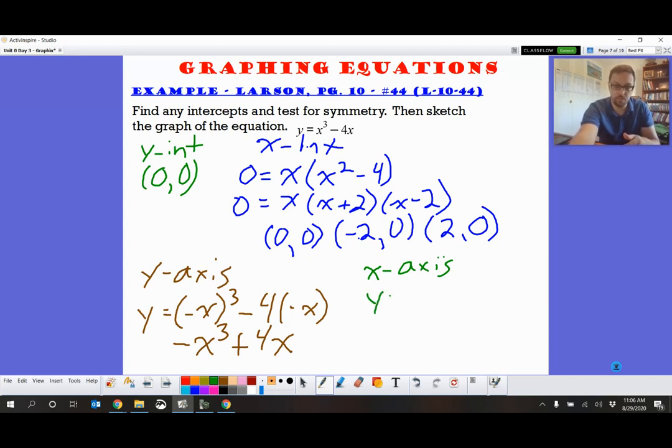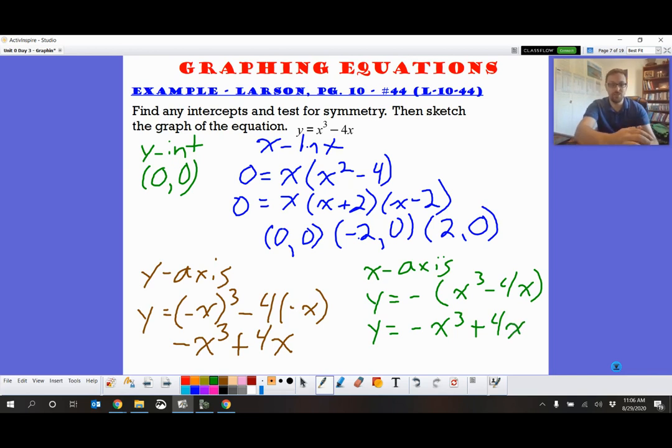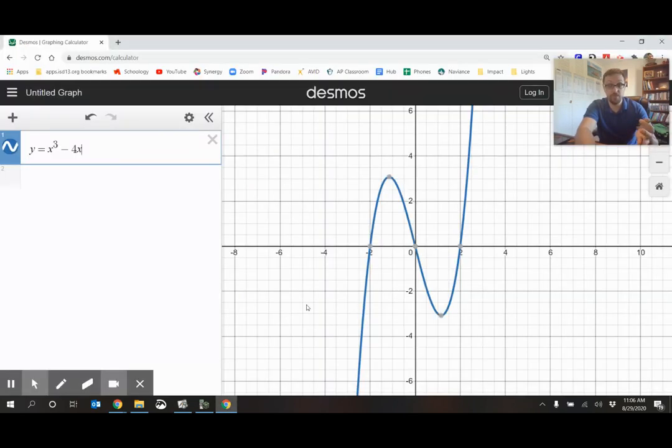So we're going to do y equals, and we're going to put a big old negative in front of everybody. We could distribute that negative in, and we get y equals negative x cubed plus 4x. Again, it didn't turn back into this, so it's not symmetric to the x-axis, which you can see if you look at the graph.